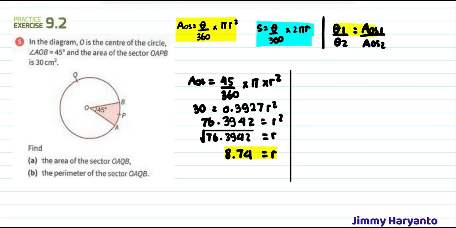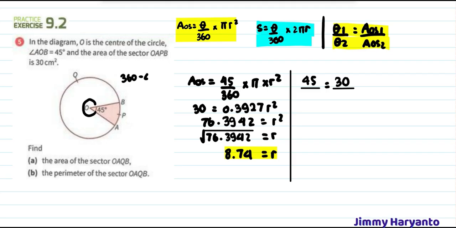So we will use this formula. The angle for the first is 45, and the corresponding area of sector is 30, and then the second angle is this one. That means 360 minus 45, it's 315.